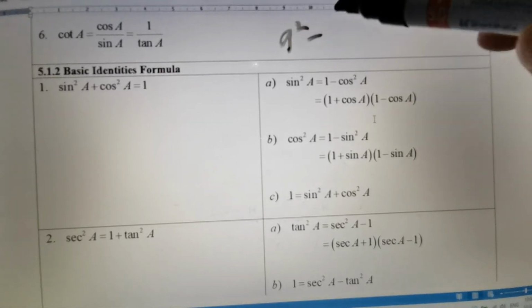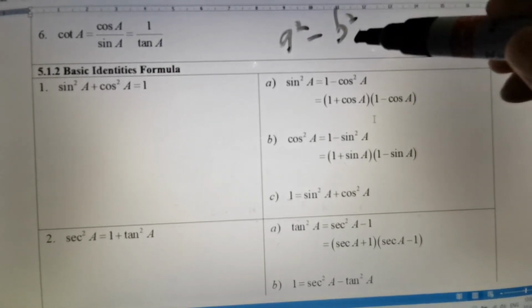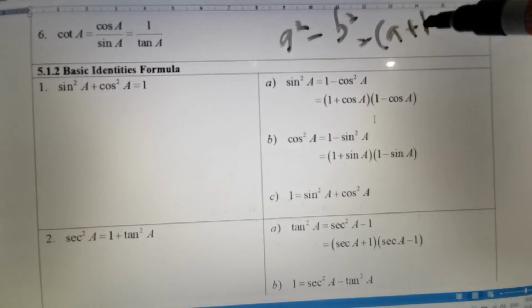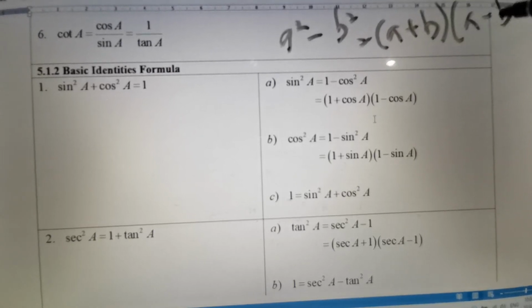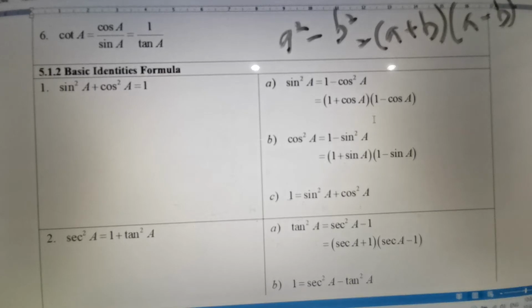A squared minus B squared is equivalent to A plus B, A minus B. Remember? That is a formula we apply here: 1 plus cos A, 1 minus cos A. All these are the alteration. If you want cos squared A, it will be 1 minus sine squared A, and this one we apply the formula on top here.